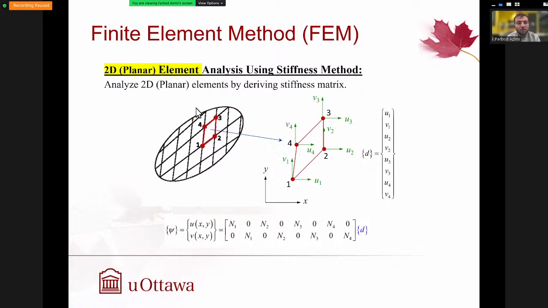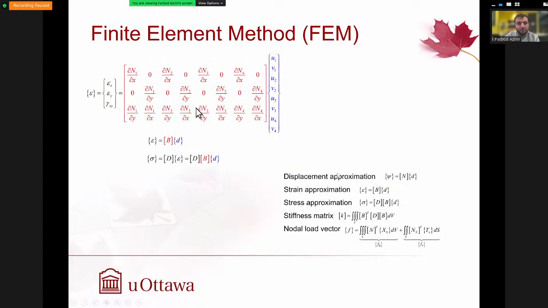The second one is 2D or planar elements, based on which element type you choose. Here you can see different degrees of freedom, and at the first step we should assume a displacement function as here. As you can see, these are the shape functions matrix, and here are the DOFs.